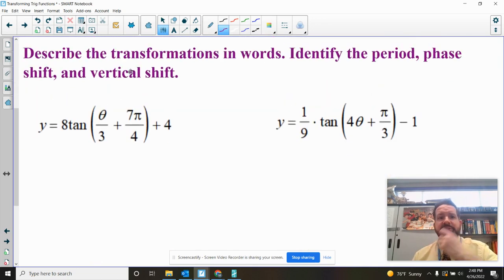So here's what you're going to be asked to do. We're going to describe in words what the transformations are, and then identify period, phase shift, and vertical shift. To start off with, you do need to do that same factoring thing with the parentheses that we did with the sines and cosines. So take the inside parentheses. This is really 1/3 times theta plus 7 pi over 4.